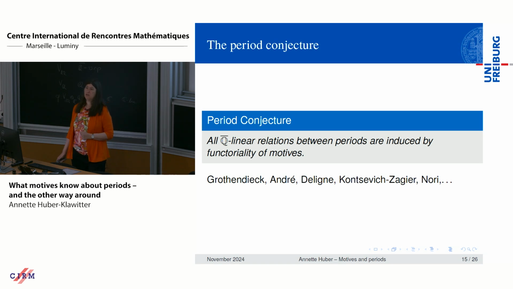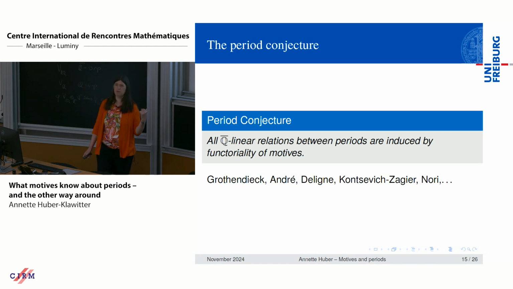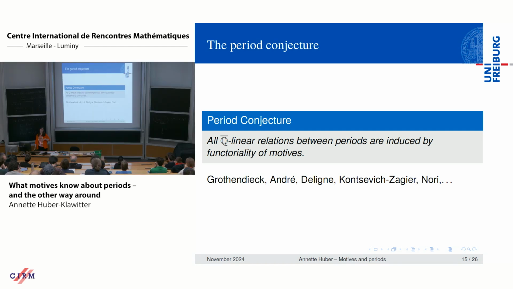The conjecture is usually called Grothendieck's period conjecture, so everything was started by Grothendieck. He was thinking of the case of pure motives, and all the examples that I've shown you were pure motives. But then you can also generalize to mixed motives in the same spirit. Grothendieck didn't really write it down.